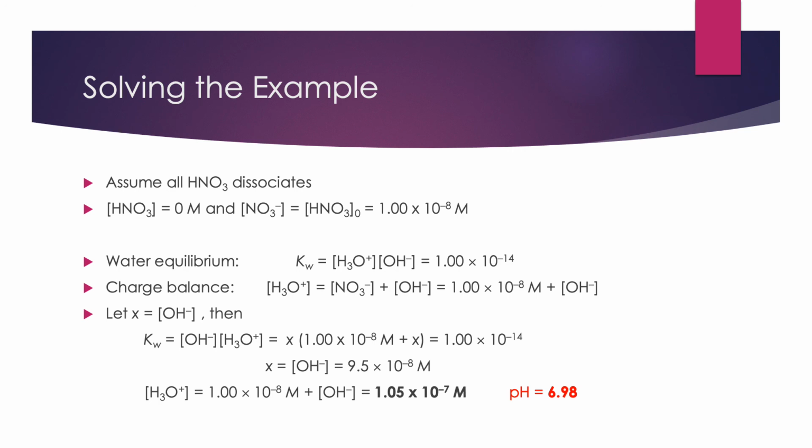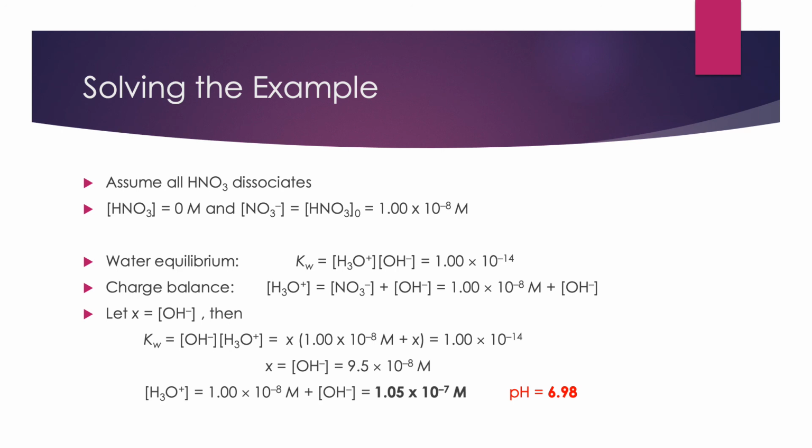That tells us there is less hydroxide in the solution than hydronium ion. Now the hydronium ion concentration is going to be 10 to the minus 8 plus the 9.5 times 10 to the minus 8, which gives us 1.05 times 10 to the minus 7 molar.